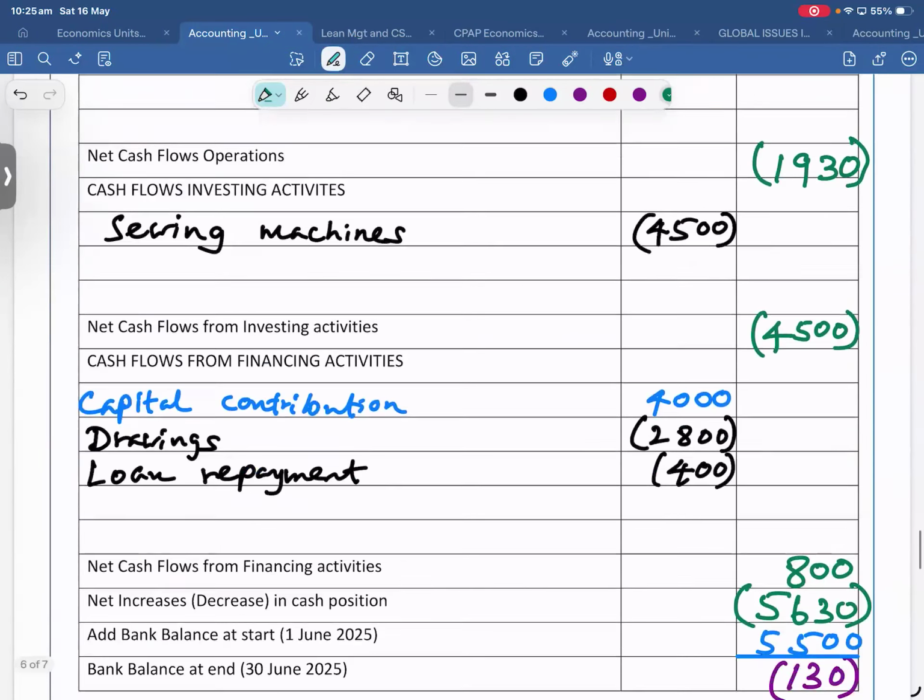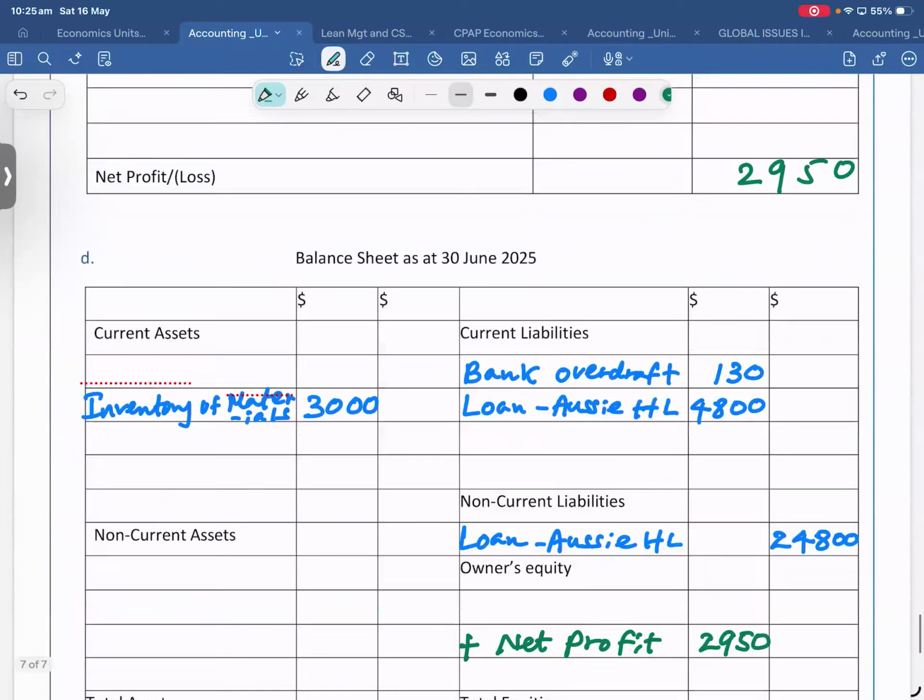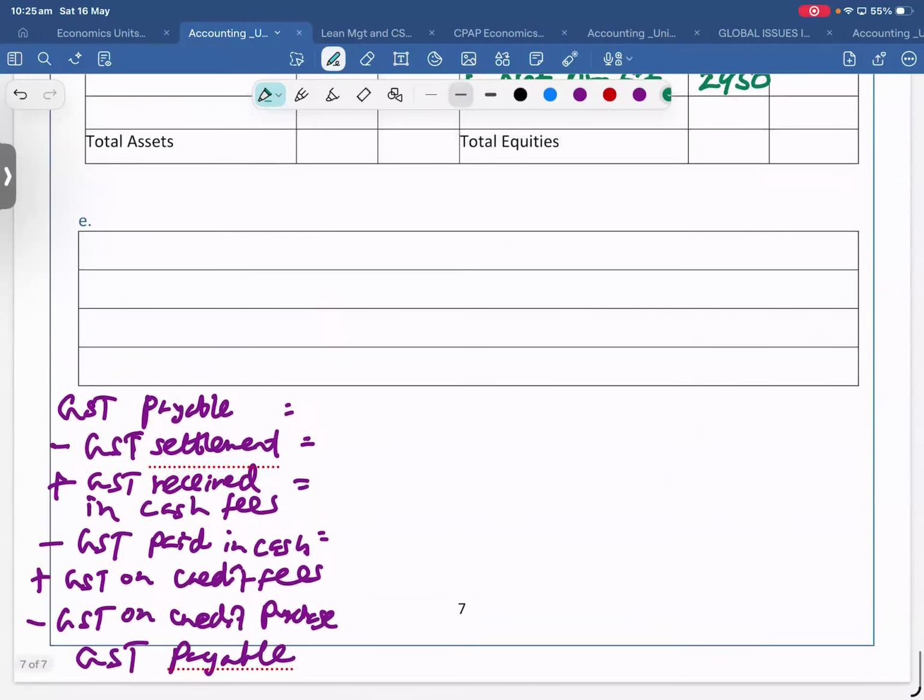The three things are going to be calculating the GST payable, I mean the GST balance, then accounts receivable and payable.